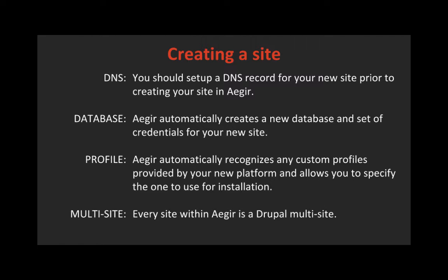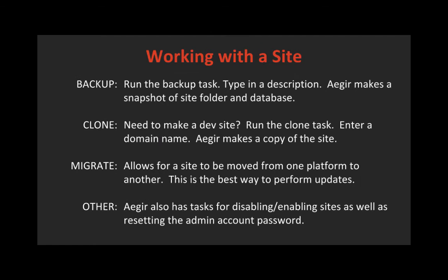And then again, I'll mention that every site in Aegir is a Drupal multi-site. So if you're not familiar with Drupal multi-site, you can look that up. There's lots of documentation on Drupal.org, but basically nothing lives under sites default. Everything is under sites/site name. So it follows the standard Drupal multi-site best practice.